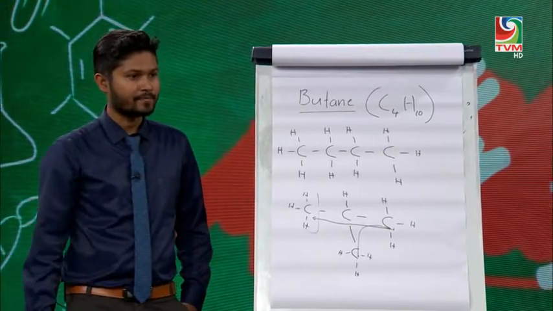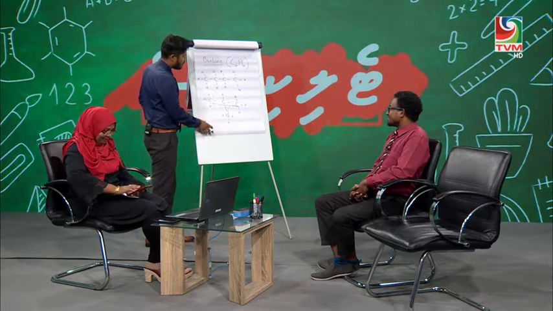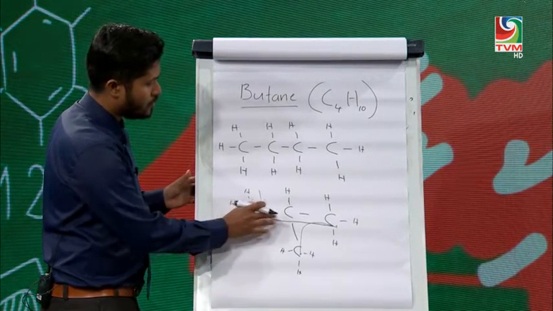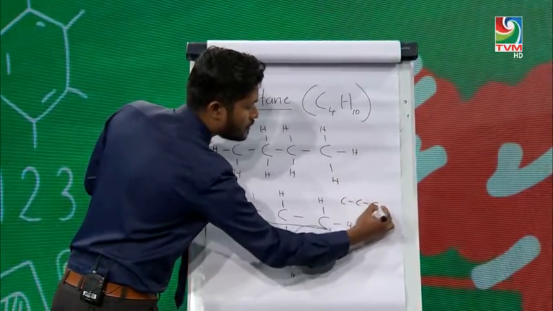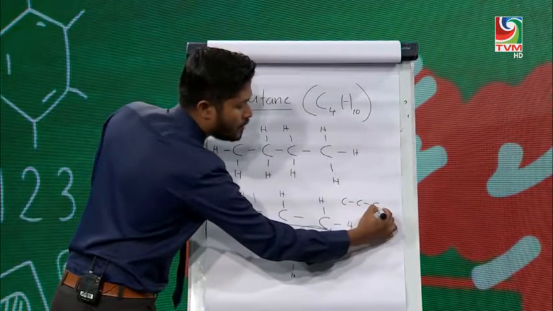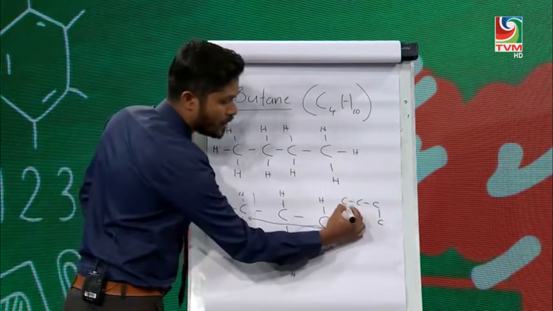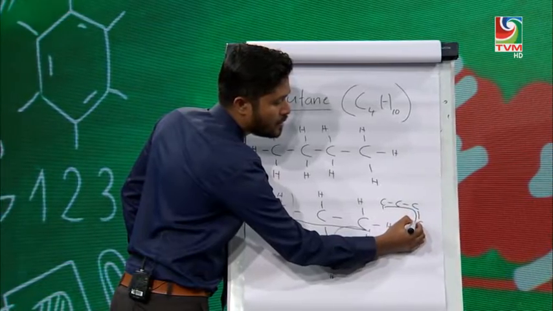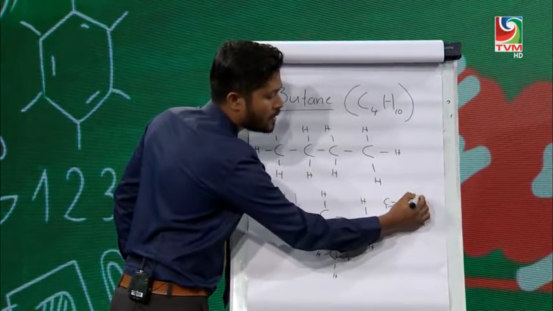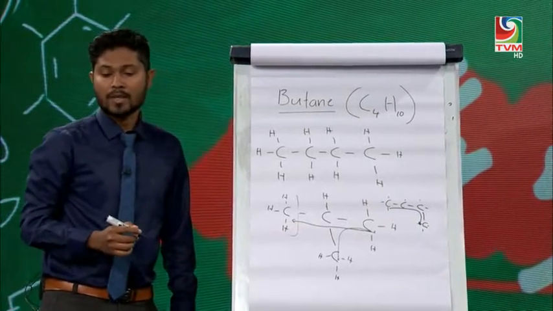A question: can that branch be on the last carbon? Not possible. As I mentioned before, if you have 3 carbons and draw the branch on the last carbon, then you can move from this carbon to this carbon without meeting any carbon-carbon single bond.